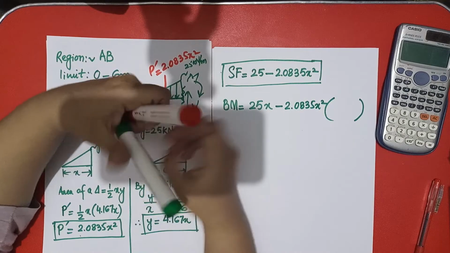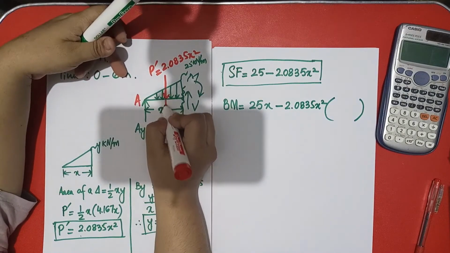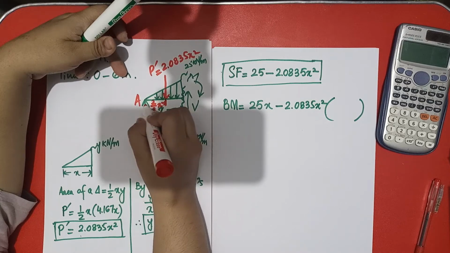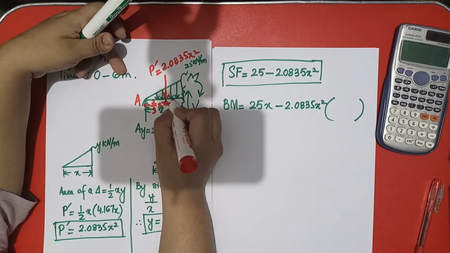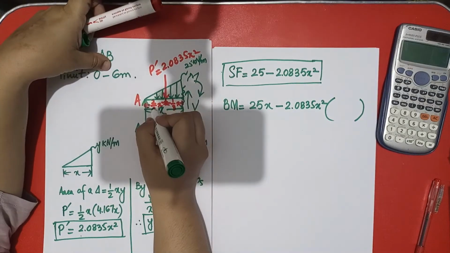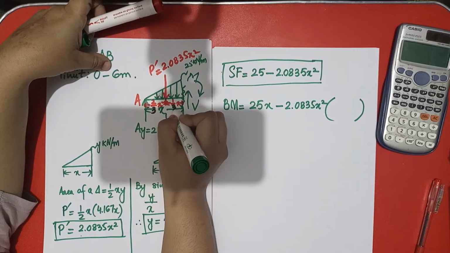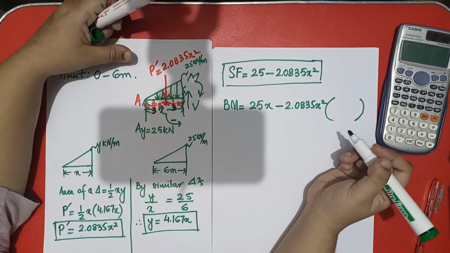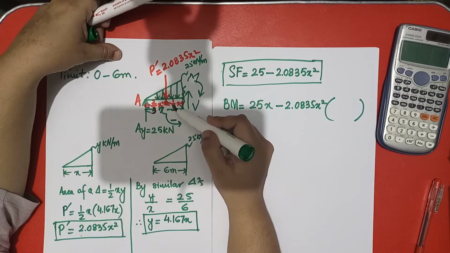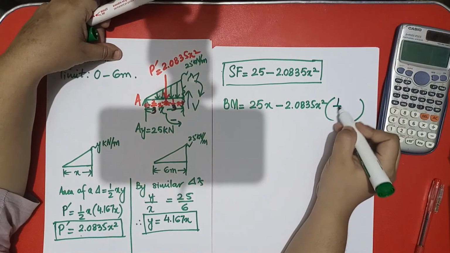For this purpose, the shorter side is 2 by 3x, and the longer side should be 1 by 3x in terms of x. If this 3 is not clear to you, it will be clear to all of you. Now when I rotate this force towards here, the moment arm will be 1 upon 3x.